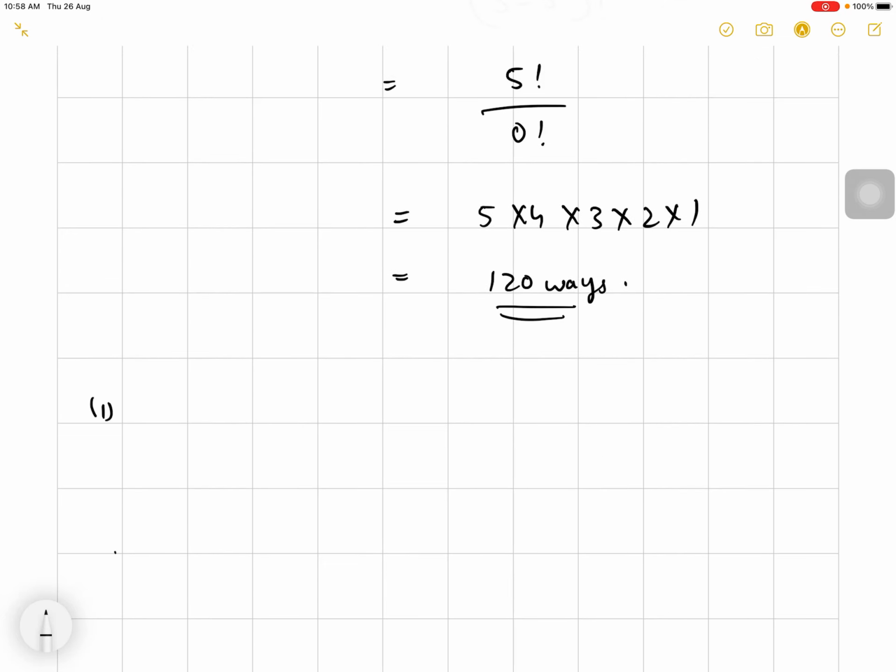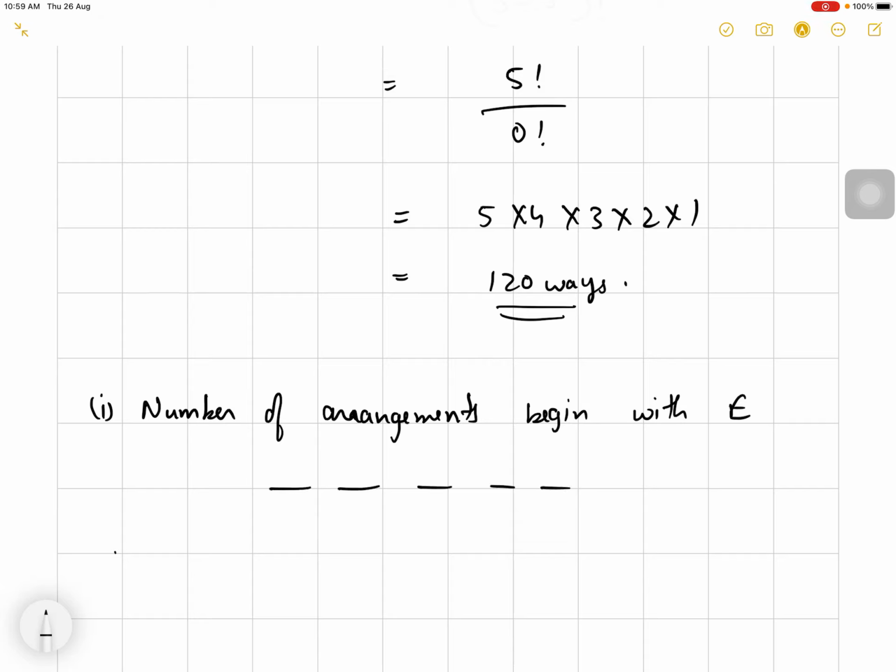So, number of arrangements that begin with E. There are 5 letters and first letter is always E. So, there are now remaining 4 places and remaining 4 alphabets.